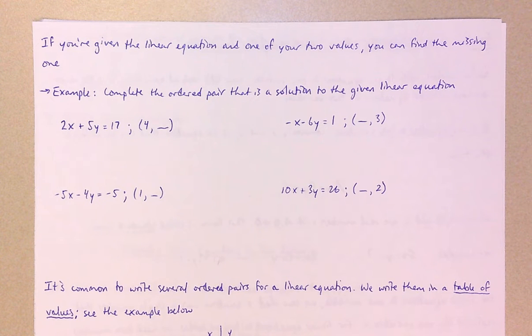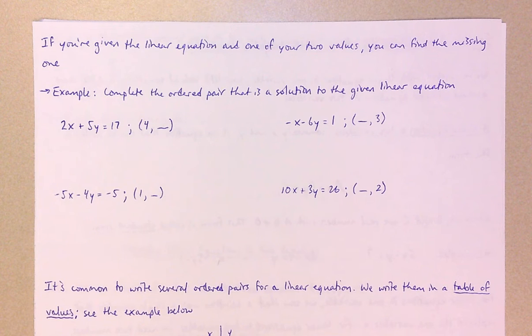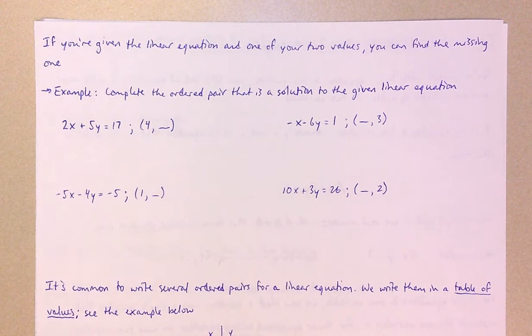What you do is you substitute in the value that you know, and then you simplify that, and you're going to get now a linear equation in 1 variable. We know how to solve linear equations in 1 variable, and we solve for the 1 variable that we have left, and that value would fill in what you're missing. So we're going to complete the ordered pair that is a solution to the given linear equation.